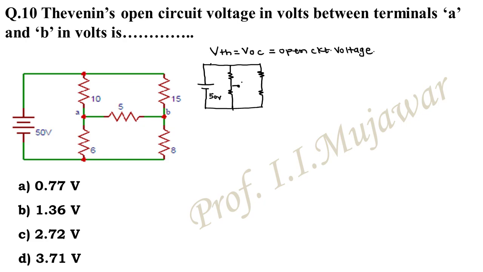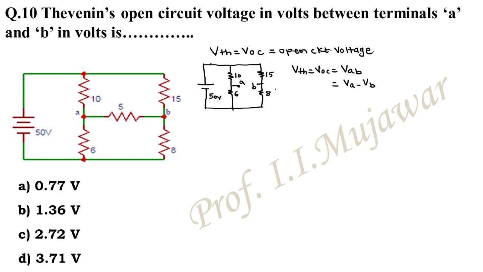Now this point is A, whereas this point is B, and we have to measure the voltage between A and B. That means your VTH or VOC is nothing but VAB, and the meaning of VAB is VA minus VB, and both these voltages are measured with respect to ground. Now here the values are 10, 6, here the values are 15 and 8, all in ohms.